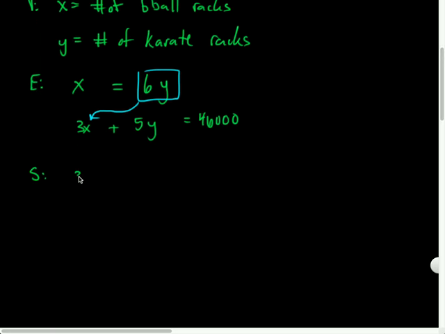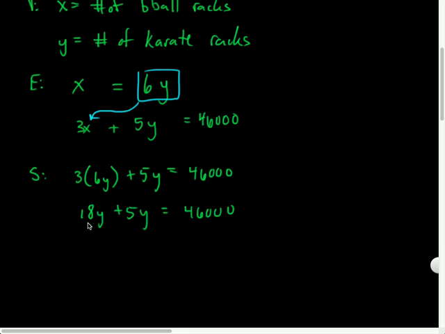So 3 times 6y plus 5y equals 46,000. So that's going to be 18y plus 5y equals 46,000. That is a total of 23 y's, if I'm not mistaken. Oh, 23 y's.